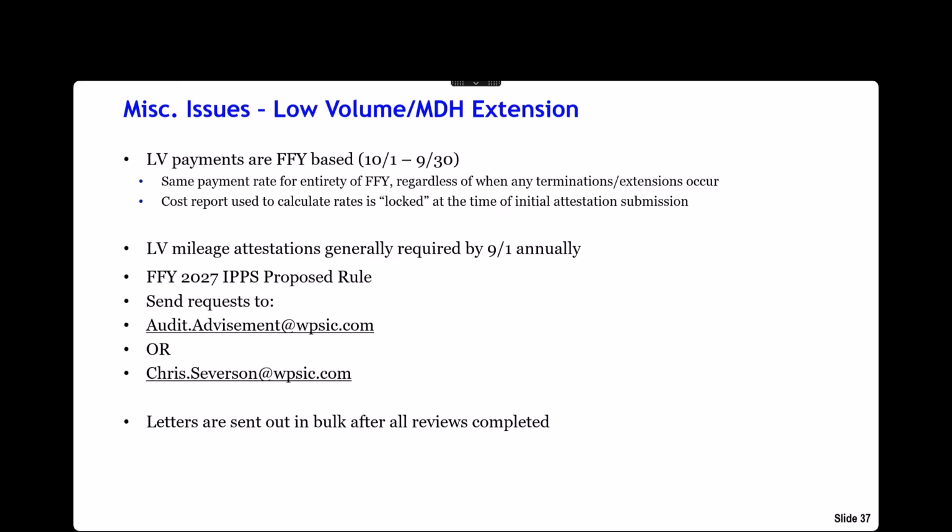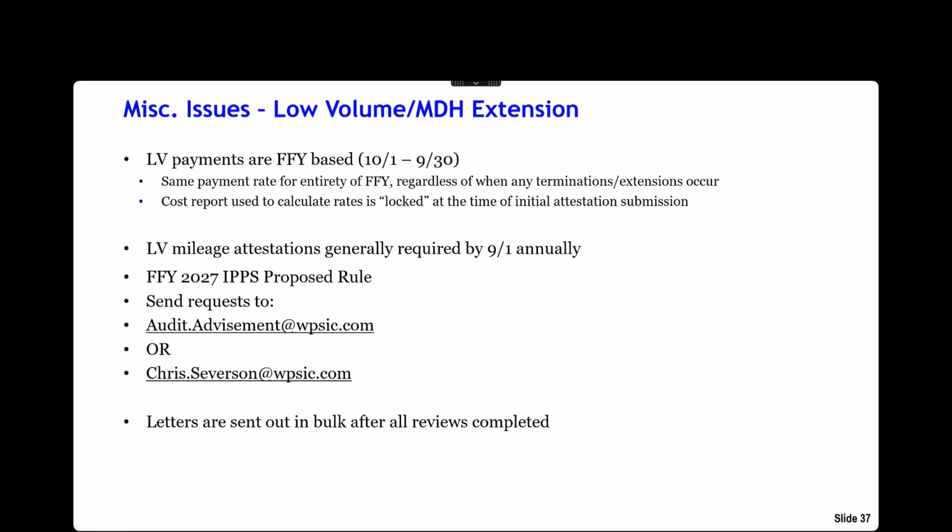We grab the discharges no matter what. We have the documentation for the discharges from the cost report, but you have to attest that the mileage hasn't changed. In other words, no new hospital has popped up in between you and the other most recent hospital, or the roads haven't changed to make the mileage shorter, anything like that.